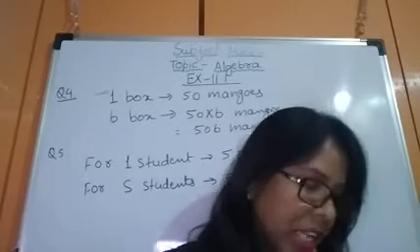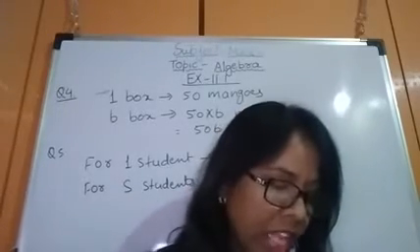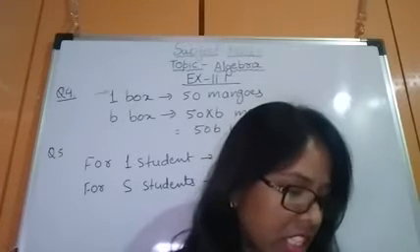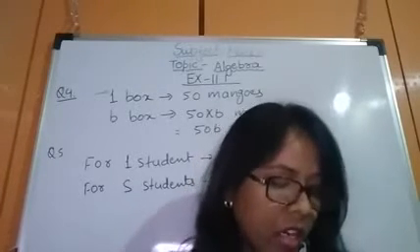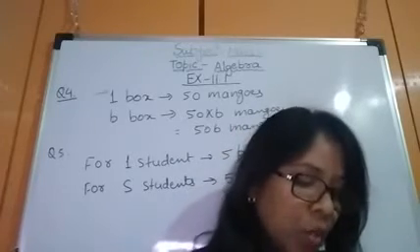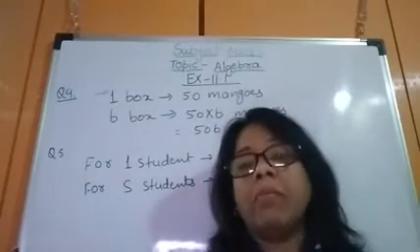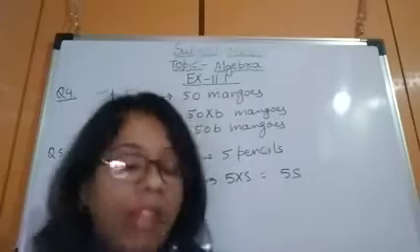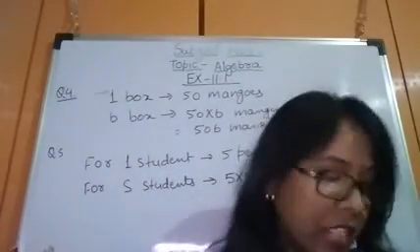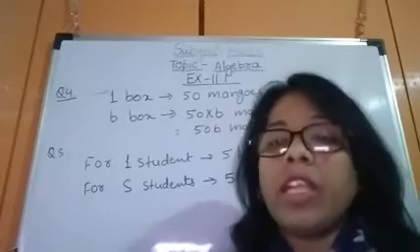Now come to question number 6. A bird flies 1 kilometer in 1 minute. Can you express the distance covered by a bird in terms of its flying time in minutes? Use T for flying time in minutes. Means a bird can fly 1 kilometer in 1 minute. So in T minutes, what it will be?